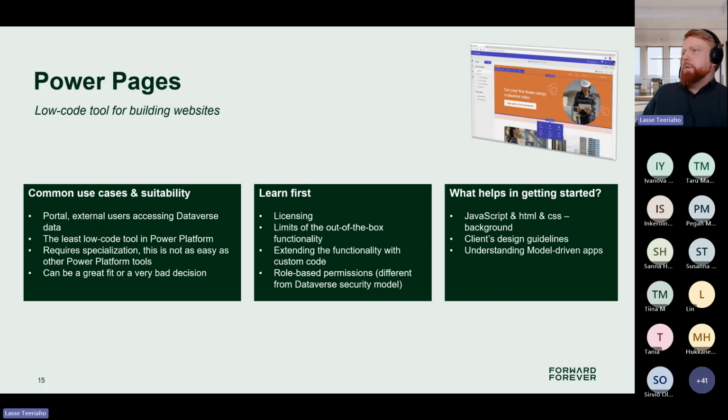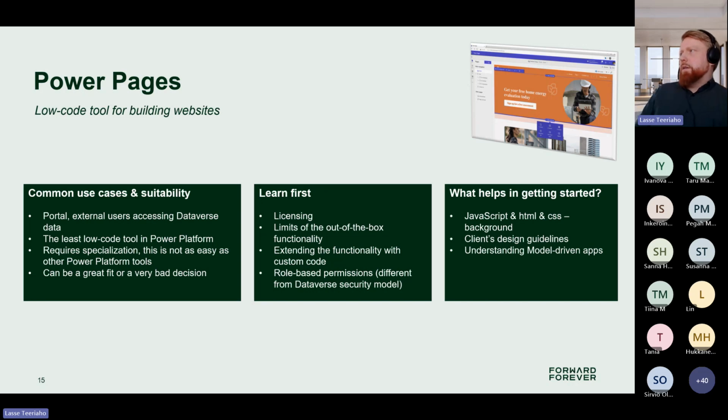It's licensed a bit differently than the other tools in Power Platform. Also, you should understand what the limits of the out-of-the-box functionality are and also how you can extend the functionality. When you know these, then you can make a good estimate of whether Power Pages is going to be a good solution for the website.